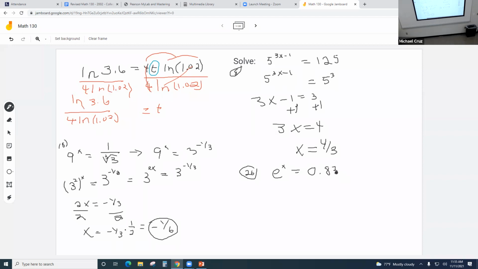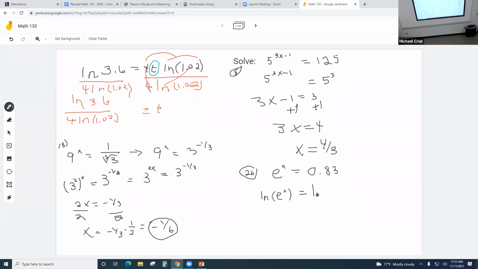All right, so what I'm going to do, because it's got the base e, I'm going to ln it. And remember, this is the logarithm that's the inverse of the e exponent, okay? So these two things undo one another.